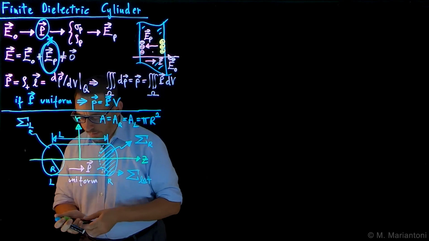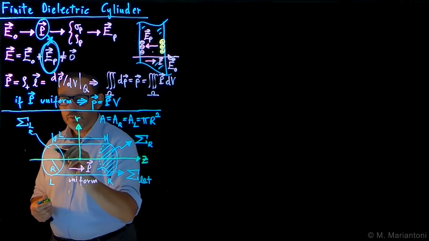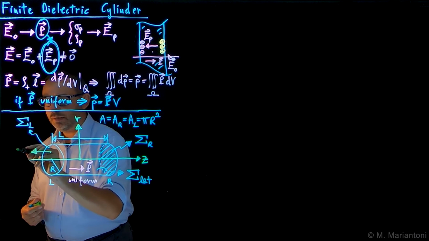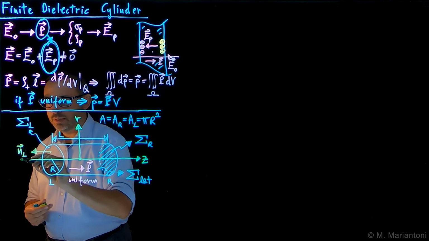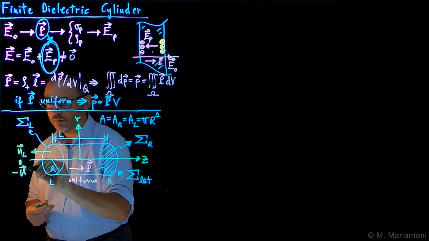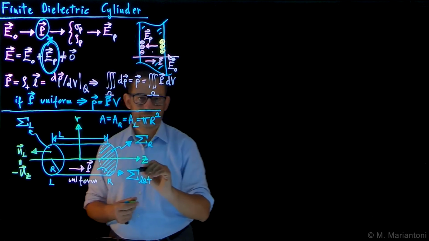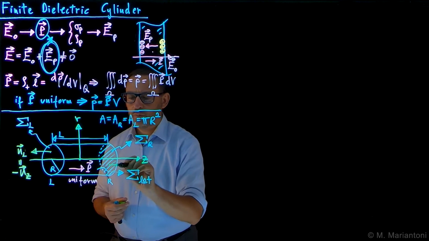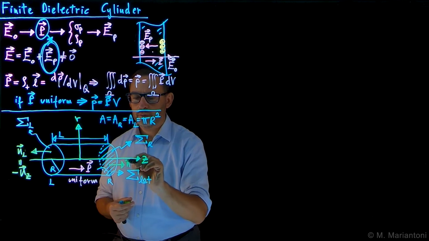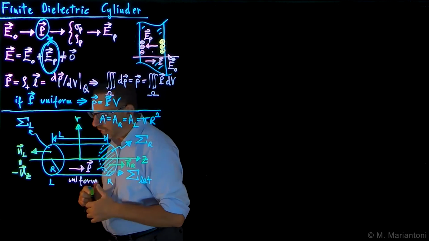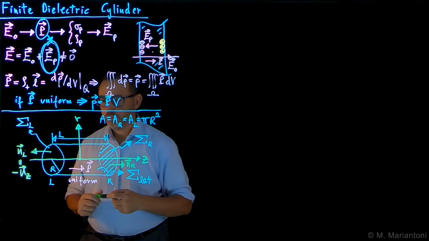So now the normal unit vector on the left-hand side, we call it N L, which with respect to z is equal to minus U z, the unit vector along the z direction. Similarly, on the other side we have N right, which is equal to U z. I'm not going to write that for space reasons.